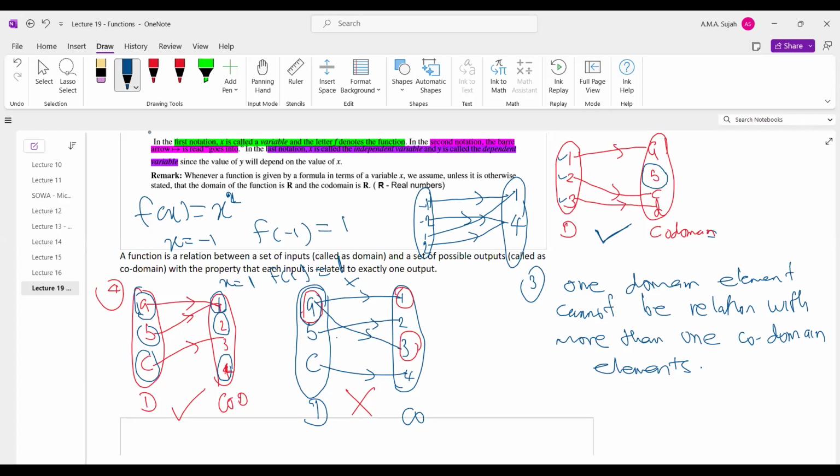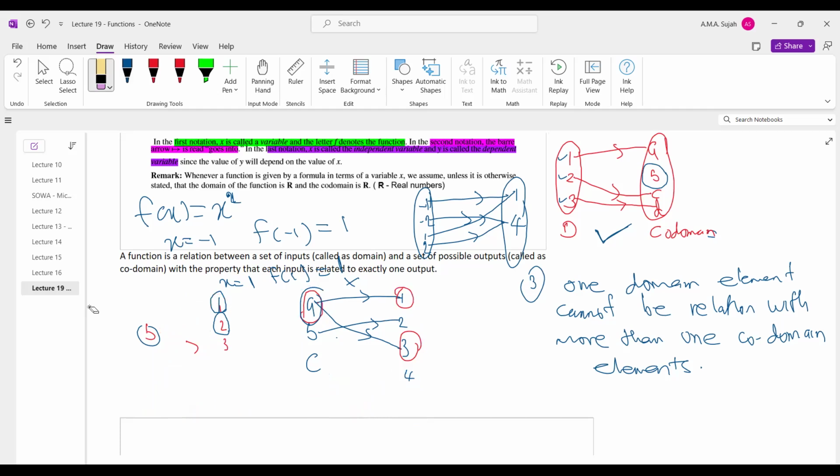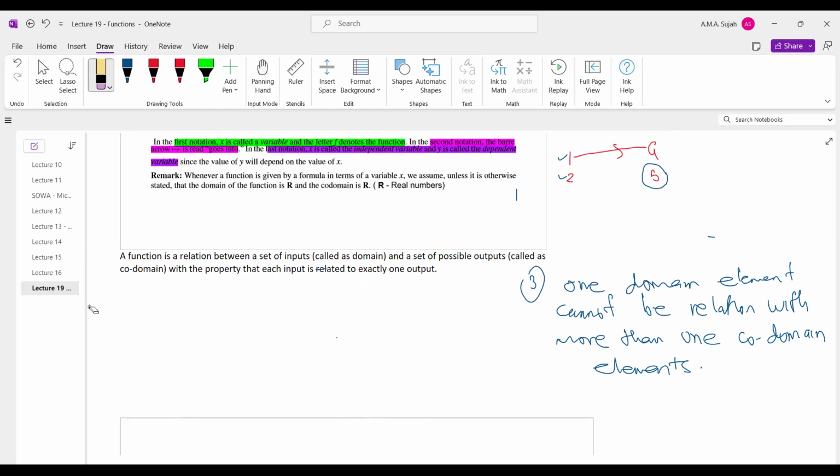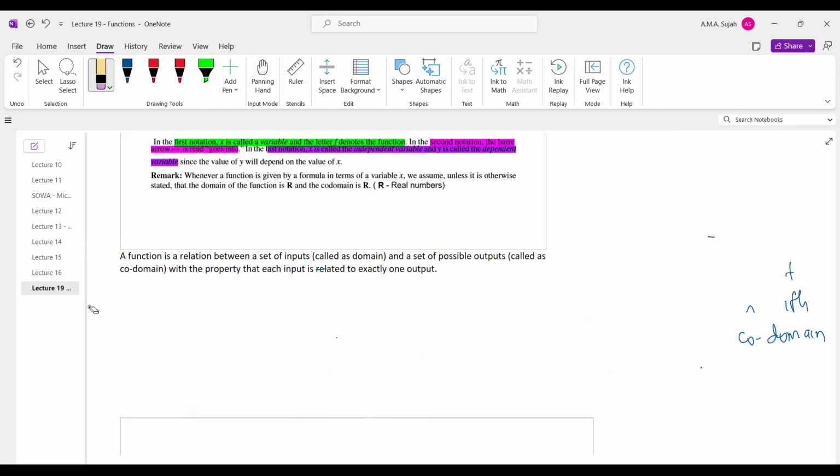So these are the four conditions you need to check to find out whether it's a function or not. First, all the elements in the domain must be assigned to the codomain.